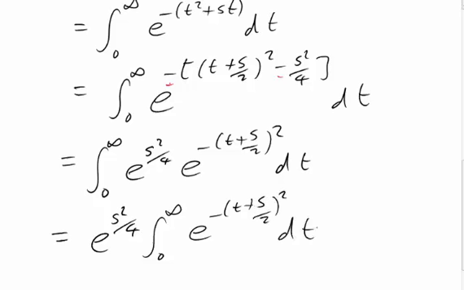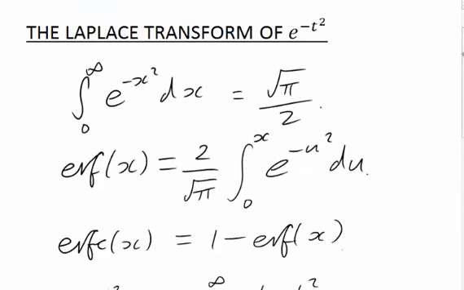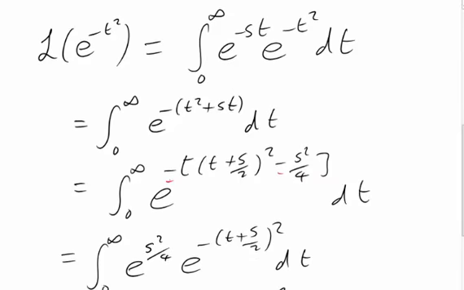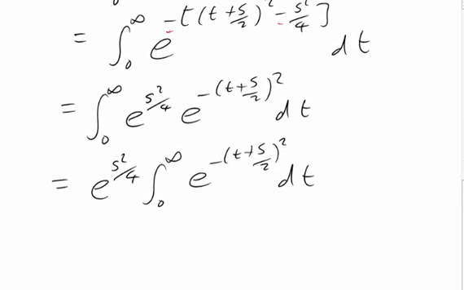Now I see e to the power of minus something squared, which is what I'd rather like from the point of view of using my first integral up here. The trouble is it's not just x, is it? It's t plus s over 2. Why don't we make a horizontal shift, or in other words change variable, and let u be t plus s over 2.